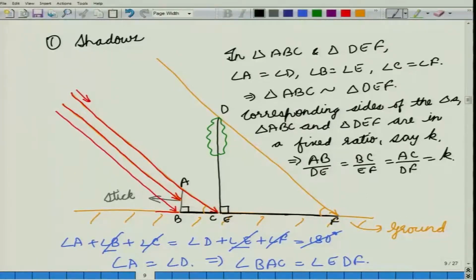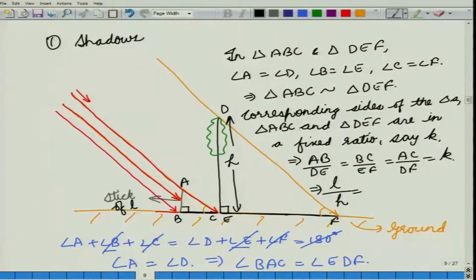Now, we are interested in knowing the height h of this tree. Because we have taken this stick, we can measure its length and suppose it is L. So, this equation would tell us that AB, which is equal to L, upon DE, which is equal to h, is equal to BC.